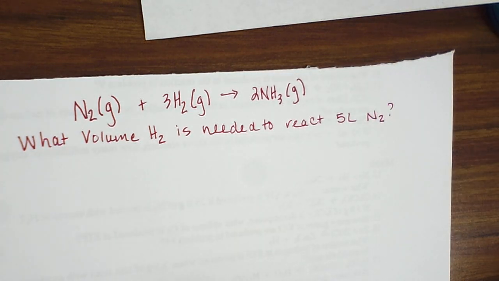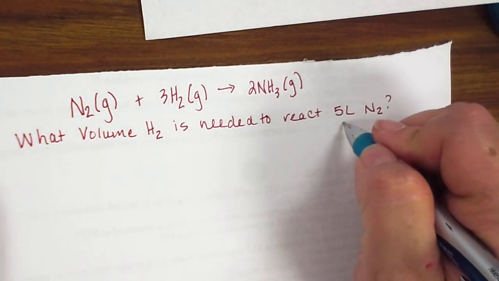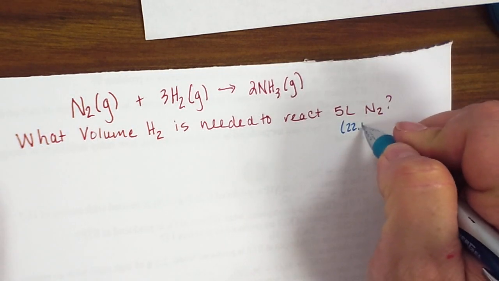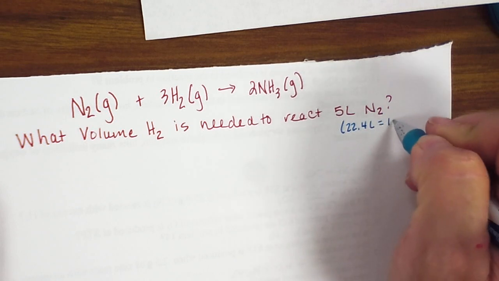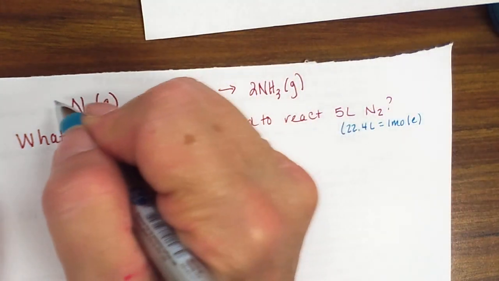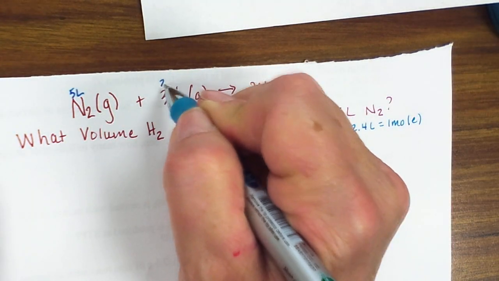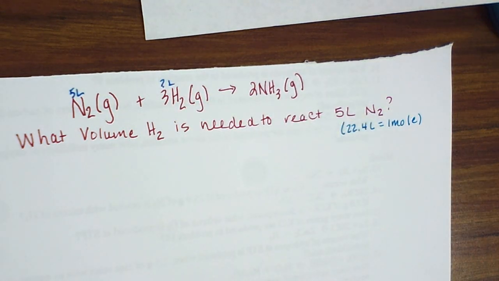So remember, the conversion here from the mole tool is 22.4 liters is equal to 1 mole. So we have 5 liters of nitrogen, and we're looking for liters of hydrogen.